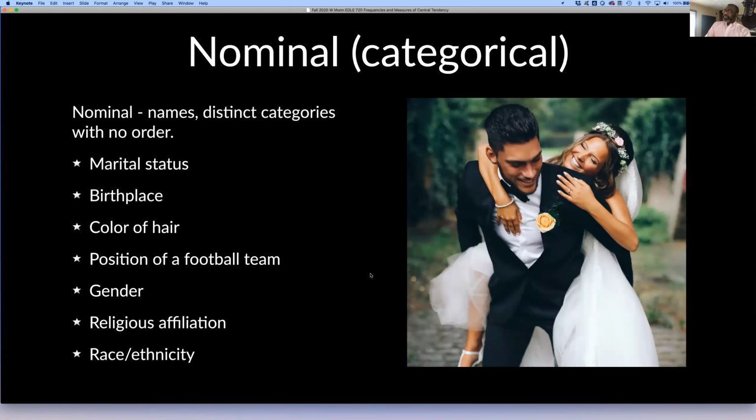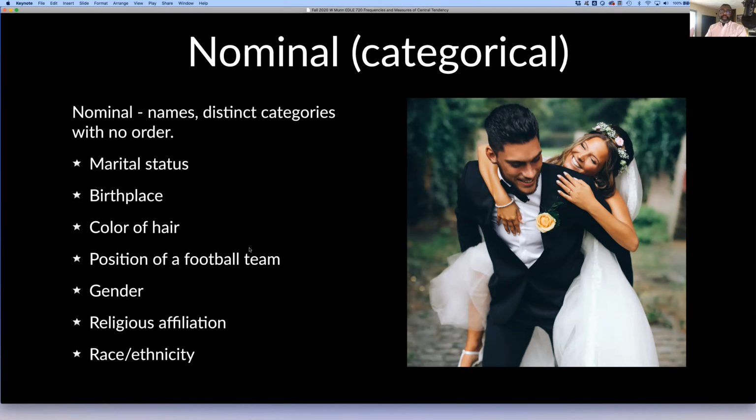So here are some examples of nominal data, marital status. Again, these are things that don't have any distinct order. Some folk may feel in their heart of hearts that marital status should go in a certain order, but there's really no order to that.